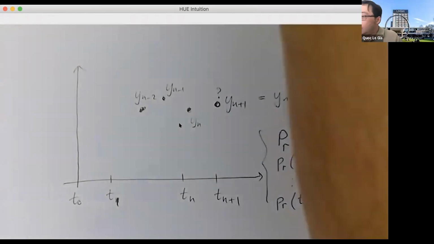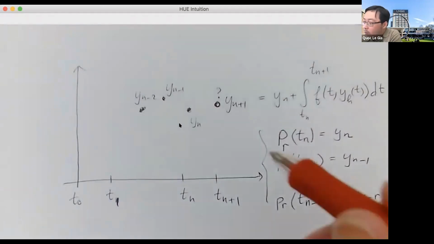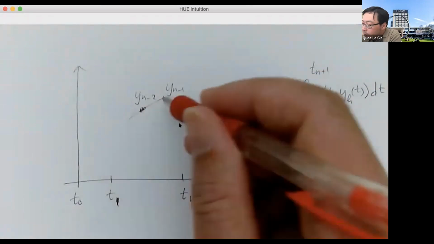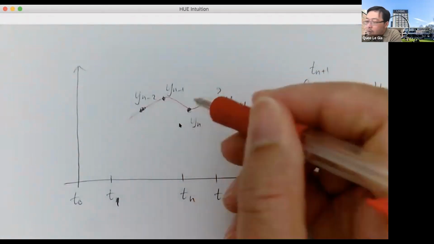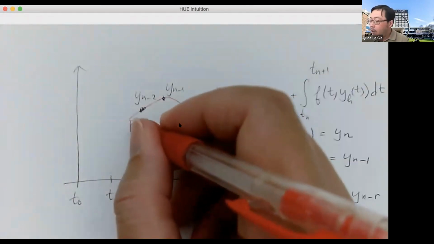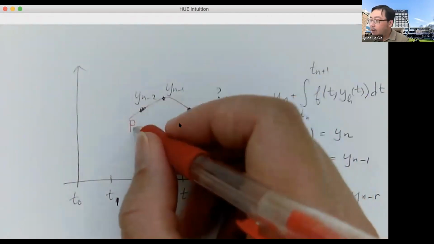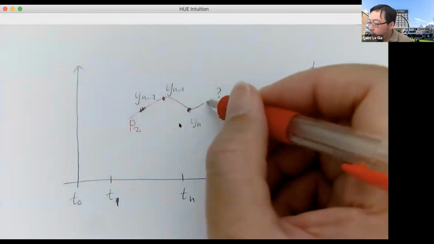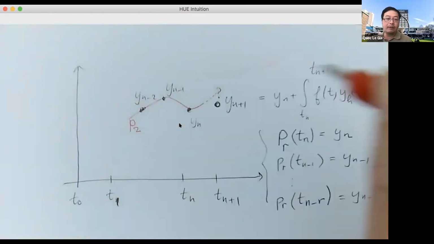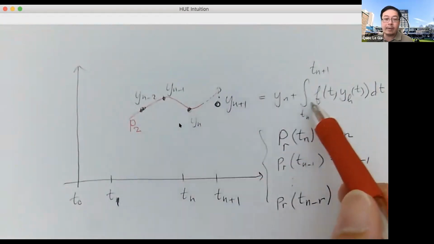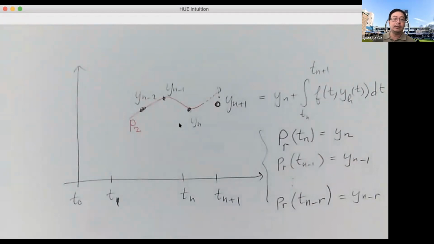Suppose I approximate to 3 points, then this will be my P2, because it goes through only 3 points. Then after that I just let it go further, and I approximate the integral of f by the integral of PR.